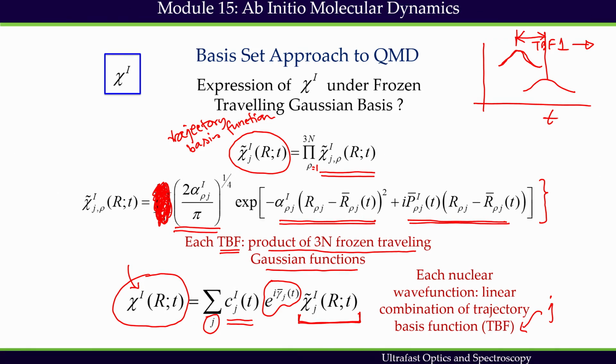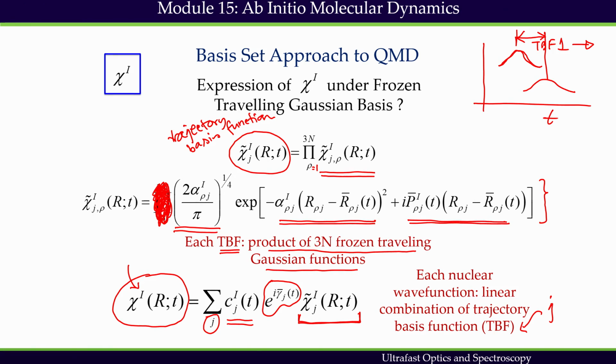By this way we represent the total wave function, and the nuclear wave function on each electronic state is represented as a summation of multidimensional traveling frozen Gaussian basis functions with time dependent coefficients.